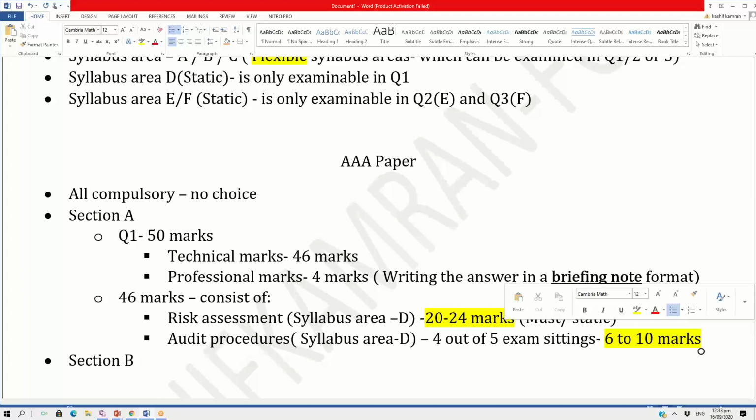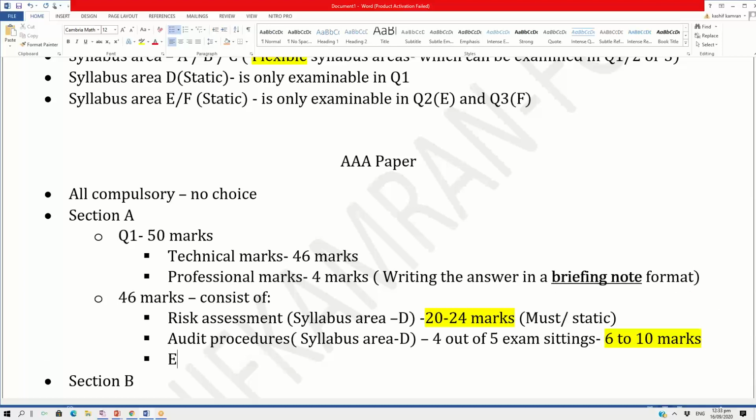Okay, what else can be in 46 marks? Ethical and professional issues, which is syllabus area B. Now we know syllabus area B can be in question 1, can be in 2, can be in 3.